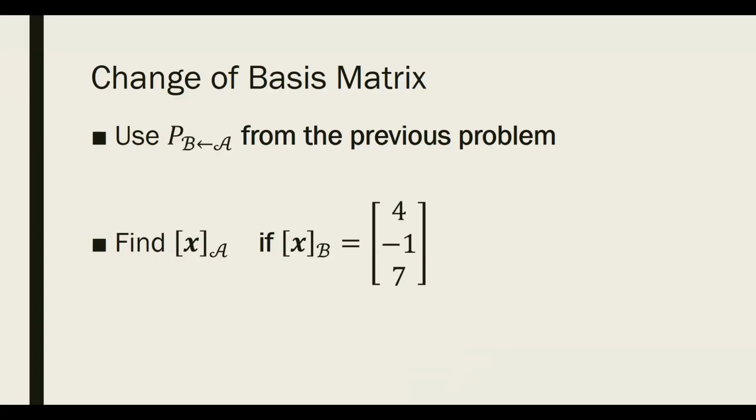Now what I'd like you to do is this problem on your own using that same change of basis matrix from A to B. All right, make sure you push pause if you haven't yet, because we're going to move on.